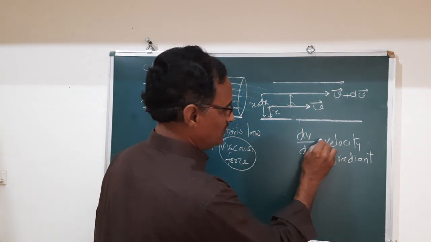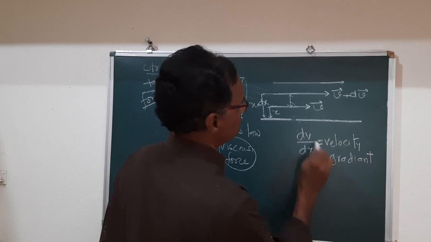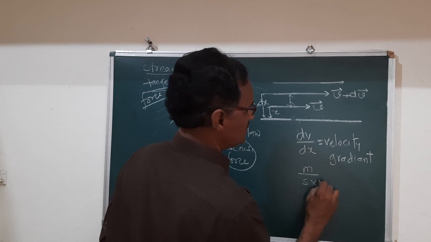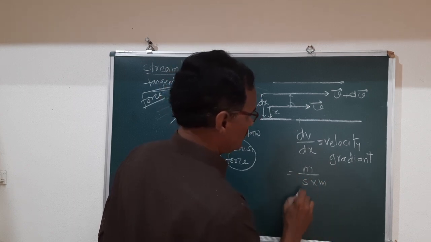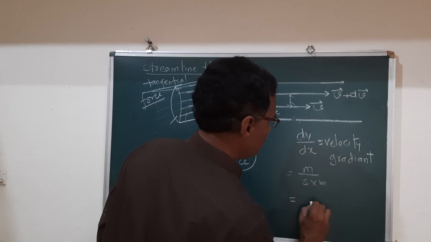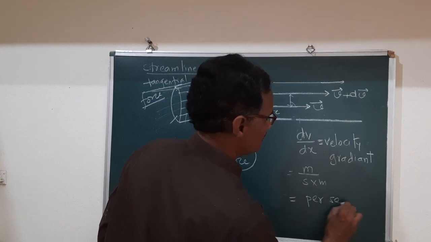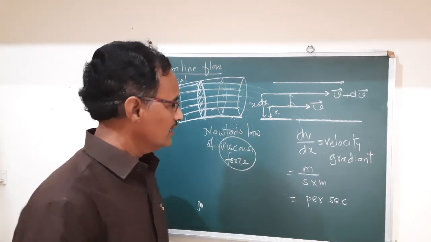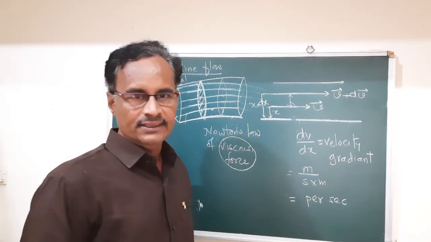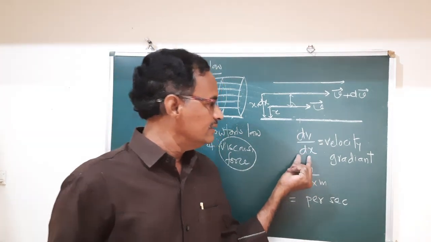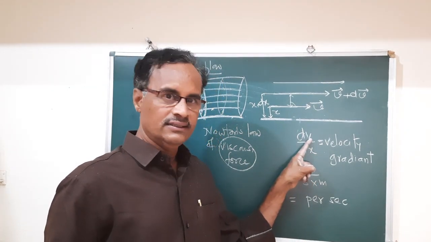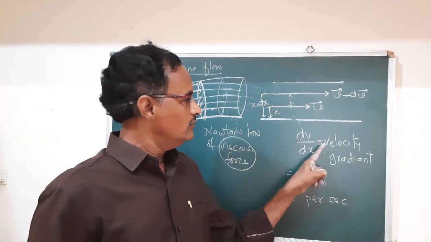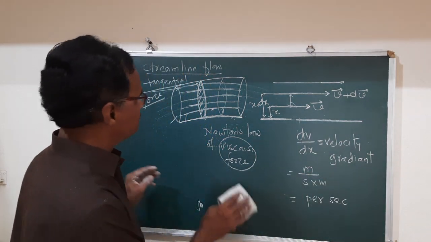The unit of velocity is meter per second and distance is meter, so the unit of the velocity gradient is per second. Understand? The velocity gradient is nothing but the rate of change of velocity with respect to distance.